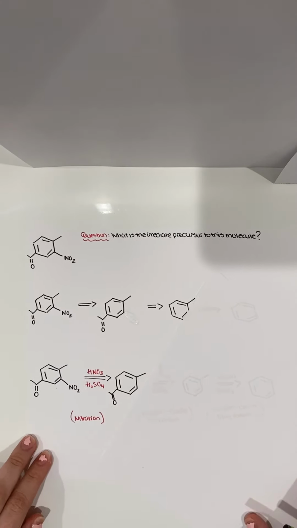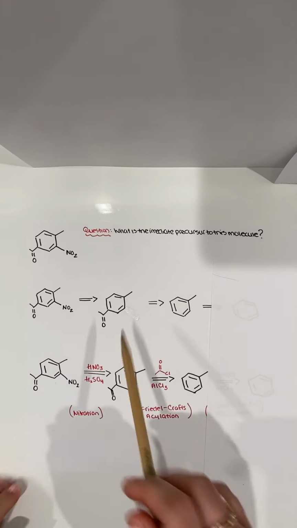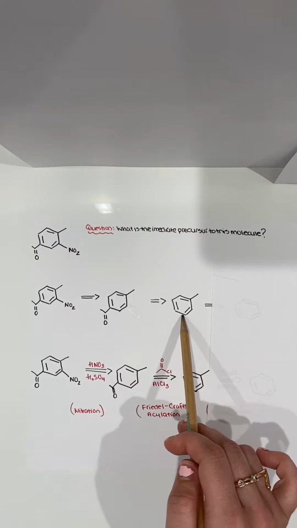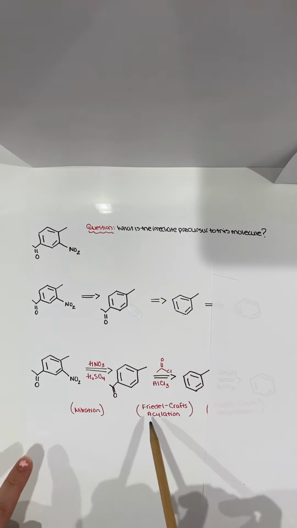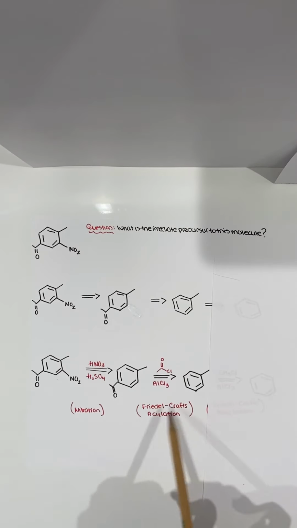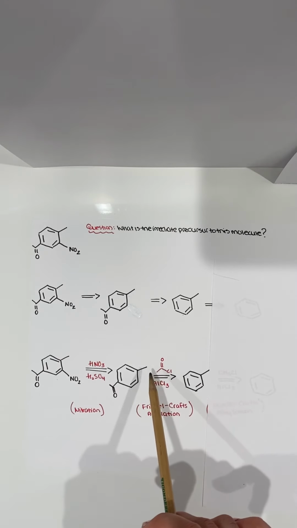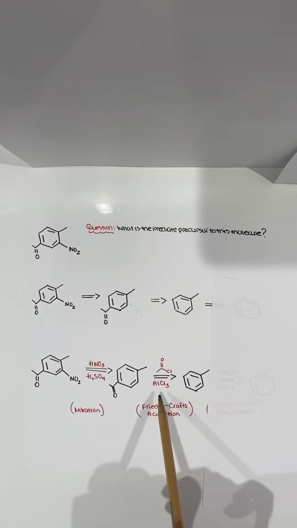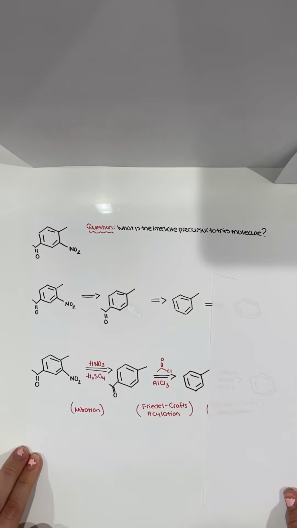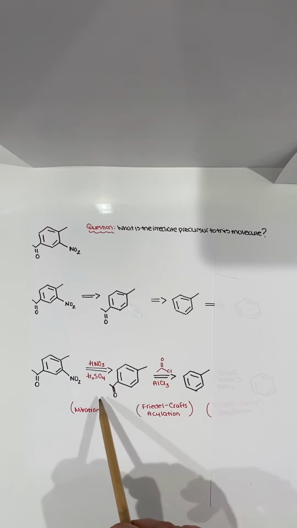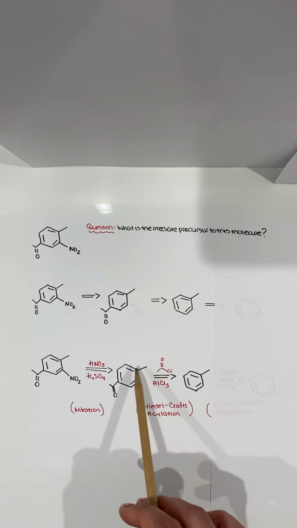And in order to go from this molecule to this immediate precursor, we have to do Friedel-Crafts acylation, which includes using acyl chloride and aluminum chloride in order to get the acyl group para to the methyl position.